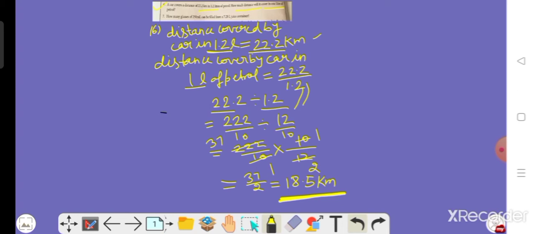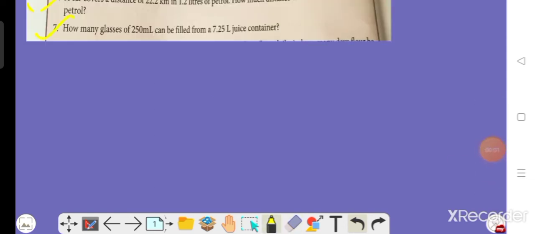Now let us do question number 7. How many glasses of 250 milliliters can be filled from a 7.25 liter juice container?